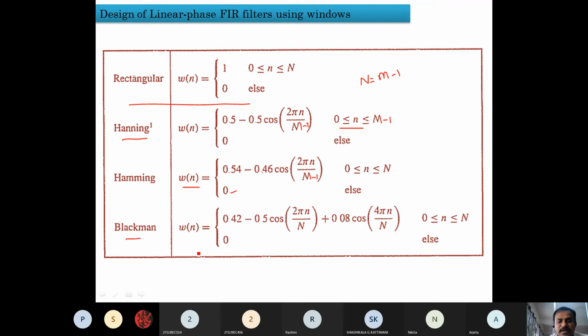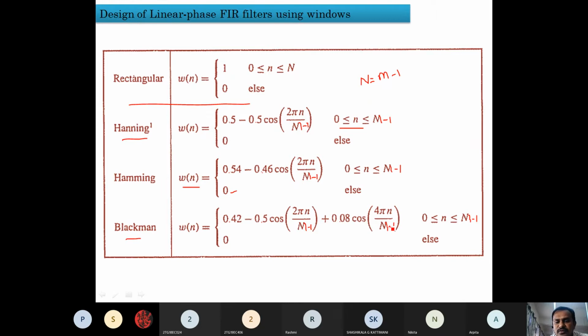Similarly, another one is the Blackman window. The Blackman window function, for the duration 0 to M minus 1, is 0.42 minus 0.5 cos of 2 pi n divided by M minus 1 plus 0.08 cos 4 pi n divided by M minus 1.